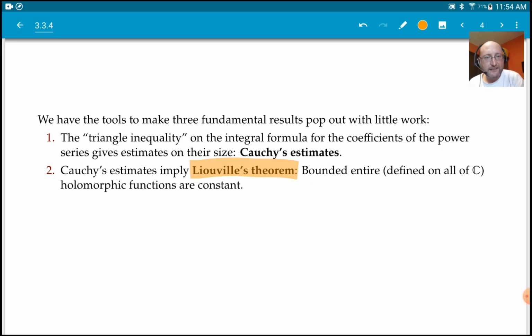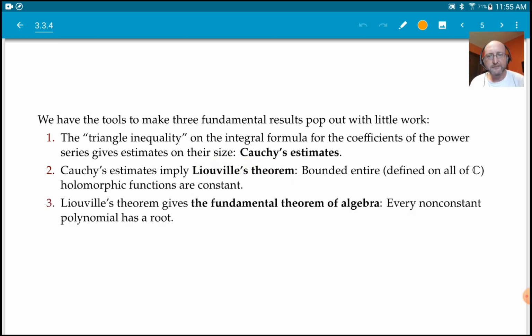Okay. So what it says is that holomorphic functions which are defined on all of C, on the entire complex plane, and are bounded, well, then they're just constant. There's no way that you can be bounded and defined on the entire complex plane without being constant, if you want to be holomorphic. And Liouville's theorem at once gives the fundamental theorem of algebra.